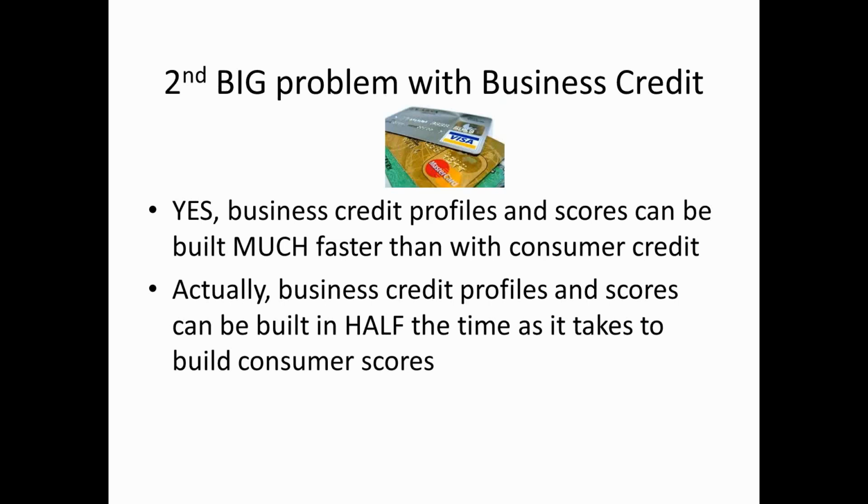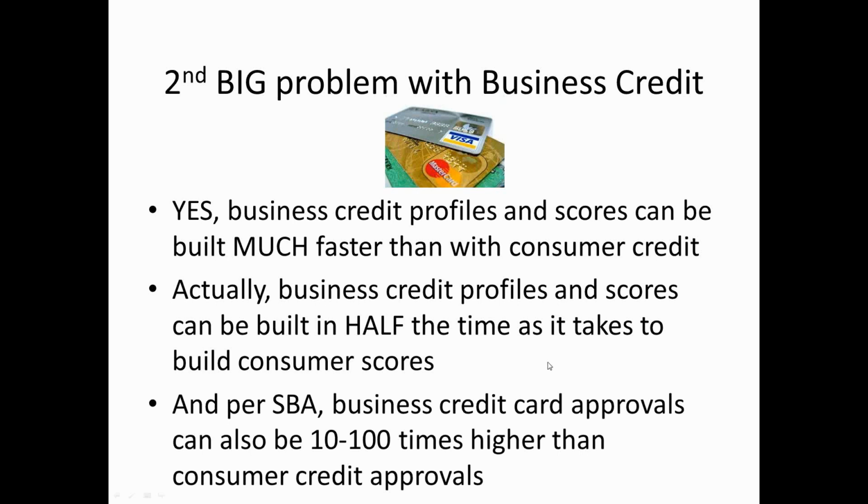Then in 6 months, they move to Visa, MasterCard, but it's small limits, $300, $400, $500. And then it takes 9 to 12 months to build somebody to $5,000, $10,000 credit limits. But again, these are people looking for financing. They typically are looking for those $5,000, $10,000 credit limits right now. They're typically not wanting to wait a year to get that money.